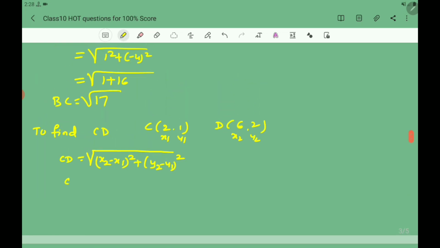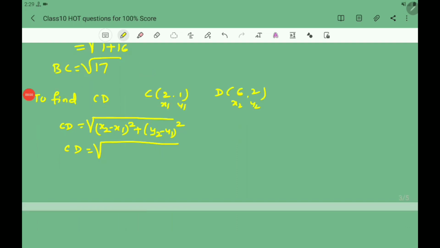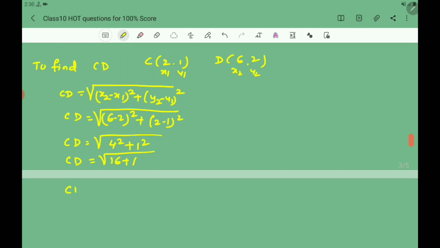Then CD equals square root of (6 minus 2) whole square plus (2 minus 1) whole square, that is 4 square plus 1 square. So you get CD equals square root of 16 plus 1, that is CD equals square root of 17.